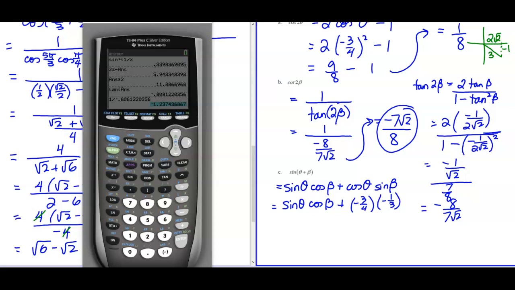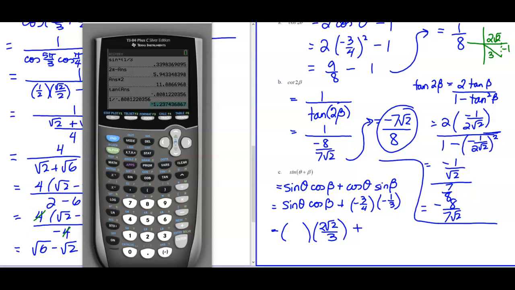So cos, I already figured out the x value there. Cos would be 2 root 2 over 3. So I've already done the work on that. Okay, and then sine of theta.